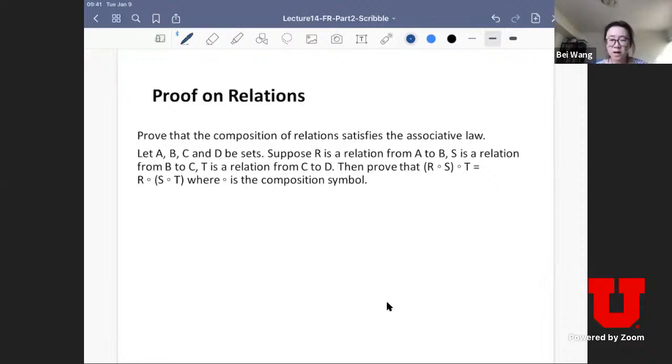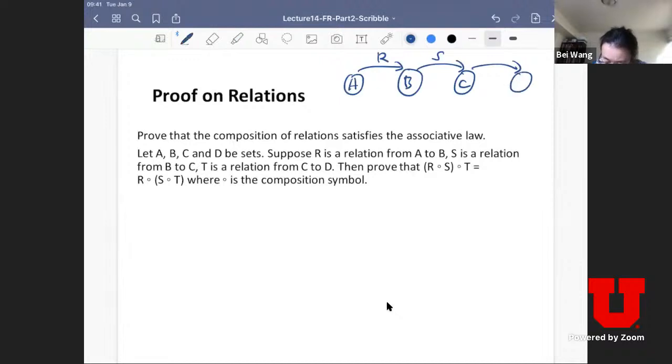Now if we go back to the problem from recitation 7, we need to make a small correction in the actual proof using this new definition that is consistent with the textbook. So again, if you have a relation from A to B, a relation from B to C, and a relation from C to D, we want to prove that this ordering of composition is equivalent.